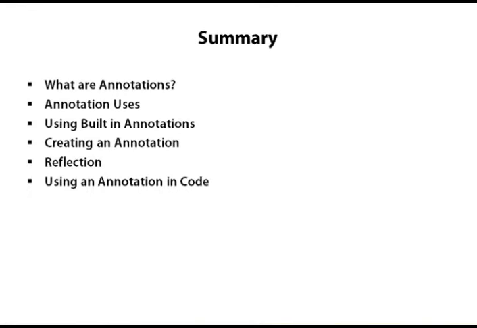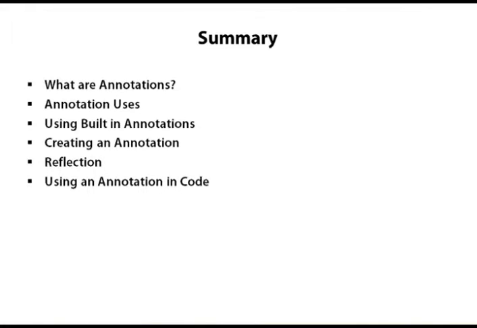And then finally we talked about using annotations in our actual code. During the execution of our code, we could use an annotation to look at itself and do something. So this could save us some effort. Instead of having to write a bunch of scaffolding code to do something, we could use annotations, and we could write some code that looks at those annotations and is able to basically generate some code on the fly, or generate a code path or some execution path to do some operation based on the annotations that are on our code.